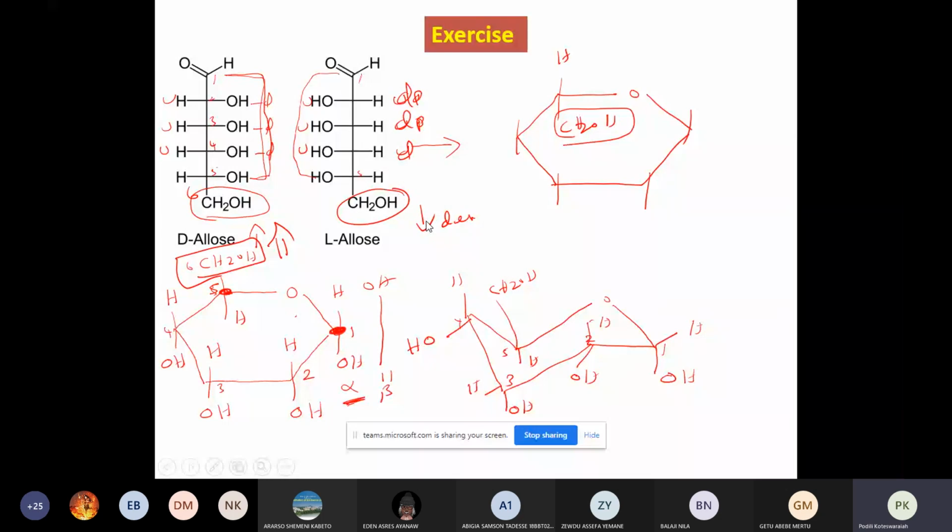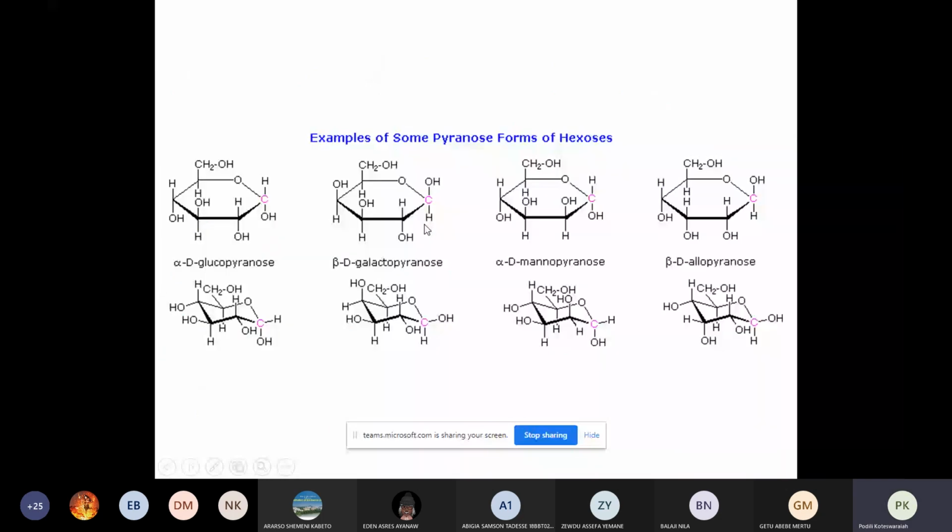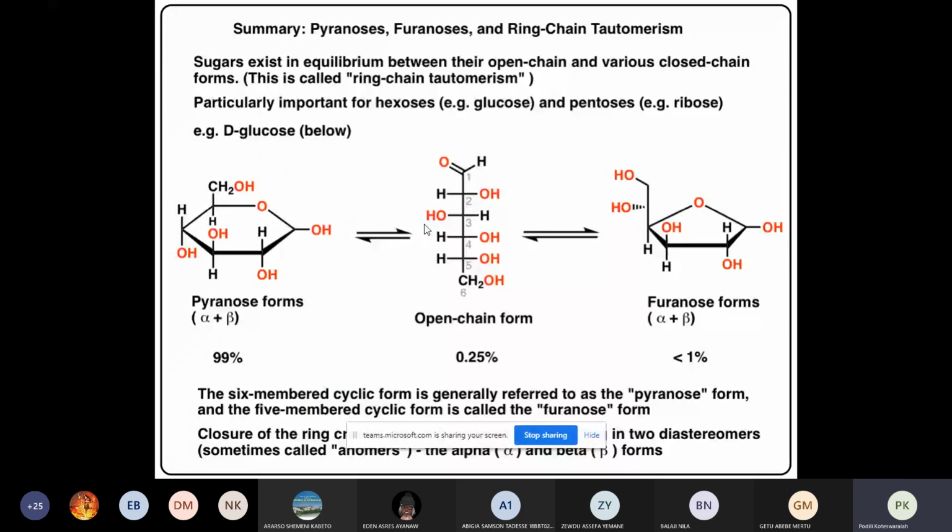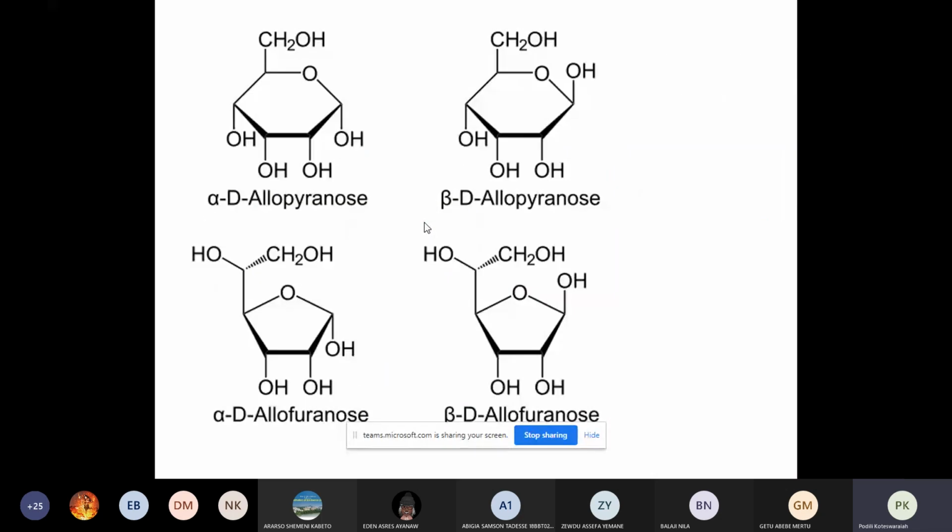And of course, as I already said, the sugars can also form pyranose and furanose structures, but the pyranose form is more stable, especially in aldoses. That's why we write only the pyranose, whereas in case of furanose, the link is between the aldehyde group and the hydroxyl group on the fourth carbon.